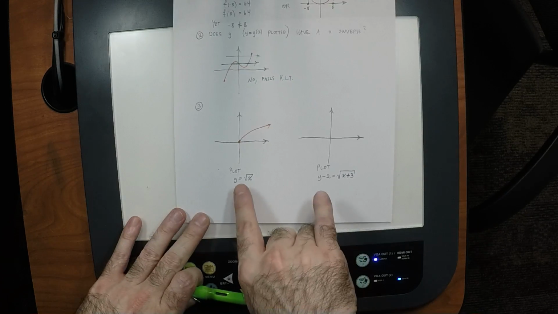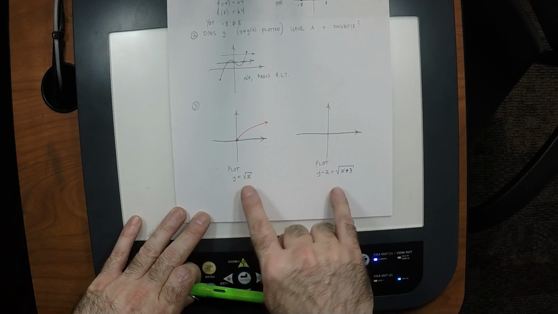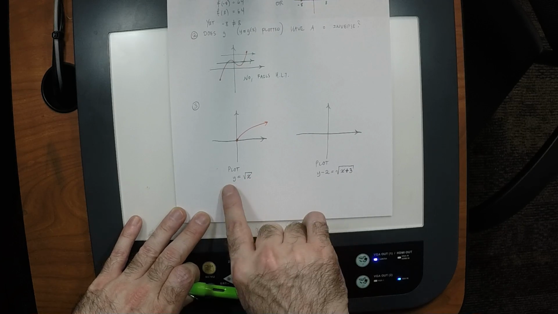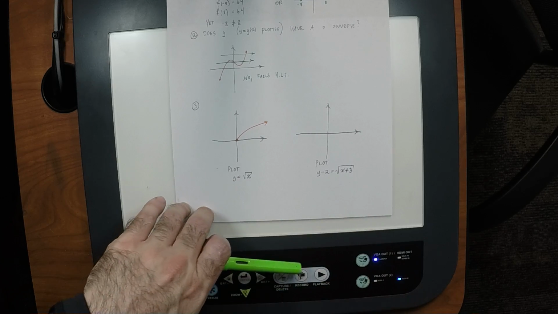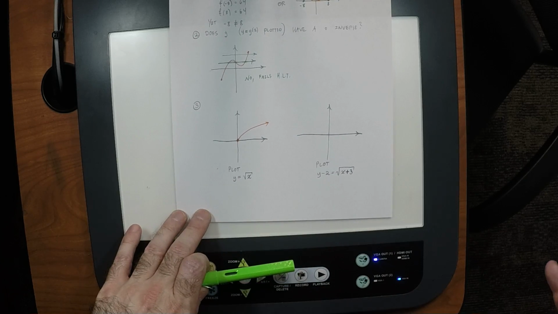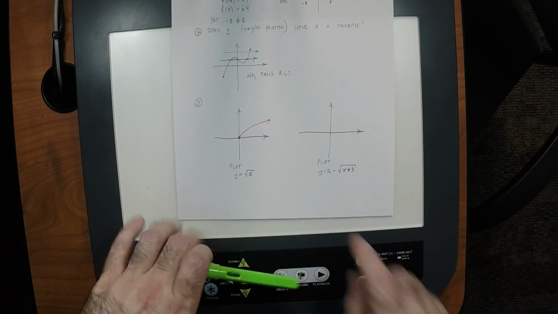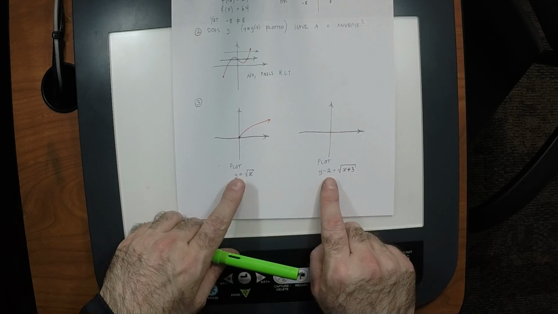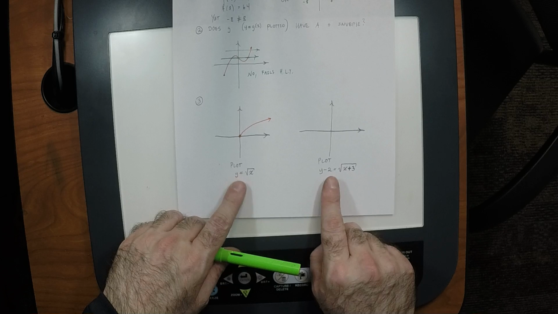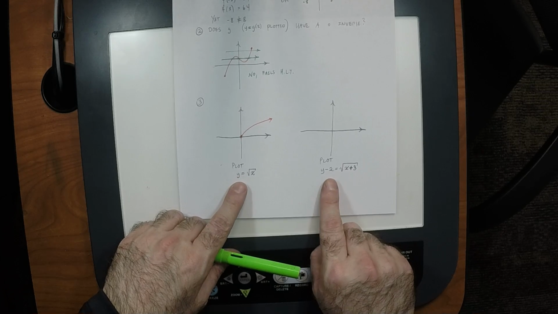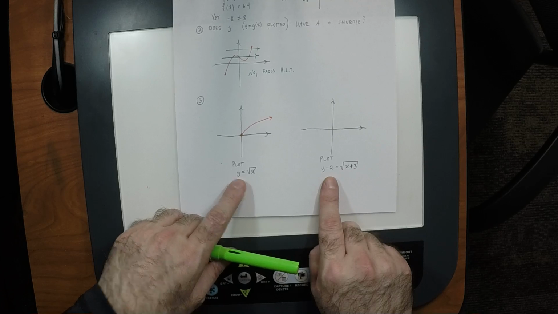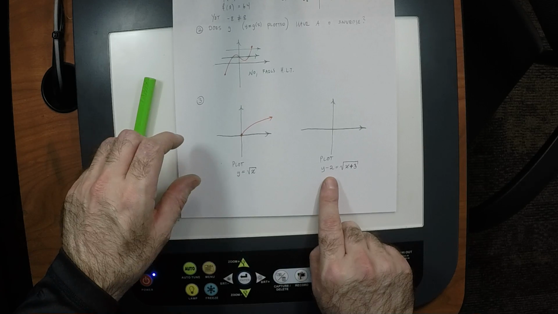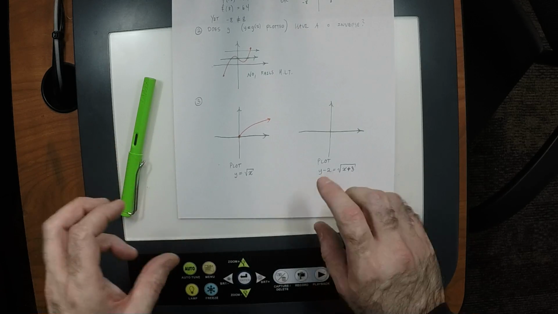And so from here to here, this is a transformation. Notice that we're changing y to y minus 2. Because we're playing with the y variable, that means that there's some vertical thing happening. So what vertically is happening from here to here? What's going down? Okay, not exactly.